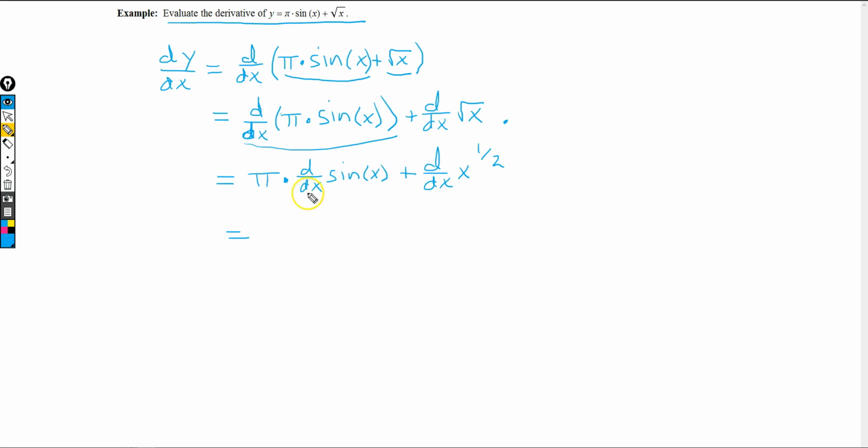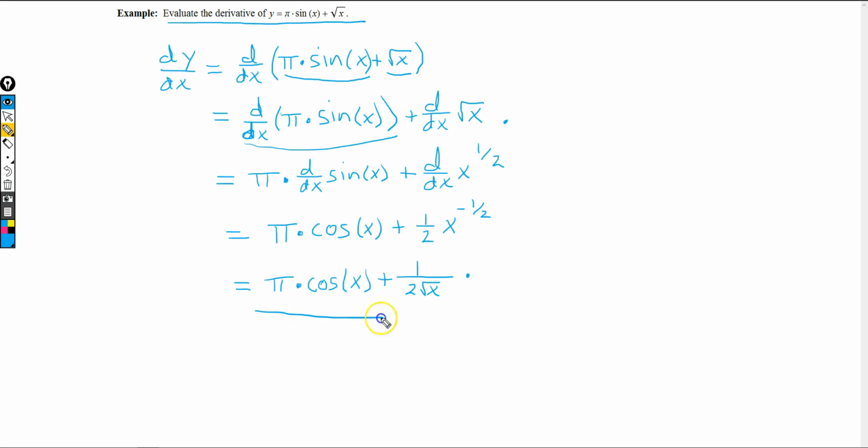So we're going to have pi times derivative of sine is cosine. And the derivative of x to the 1/2 power is just using our power rule. And then we can just clean that up. And there we go. That's our answer.